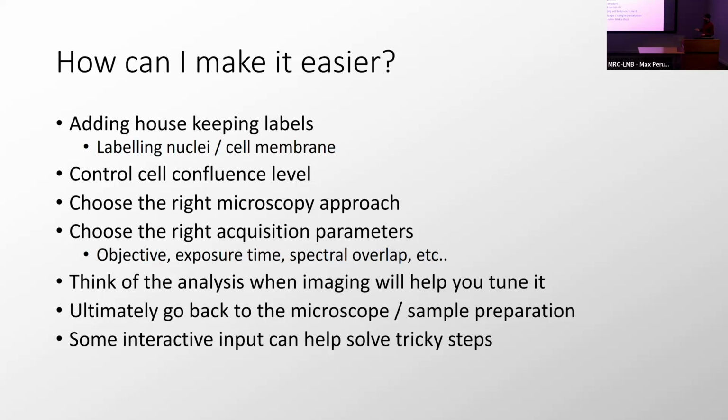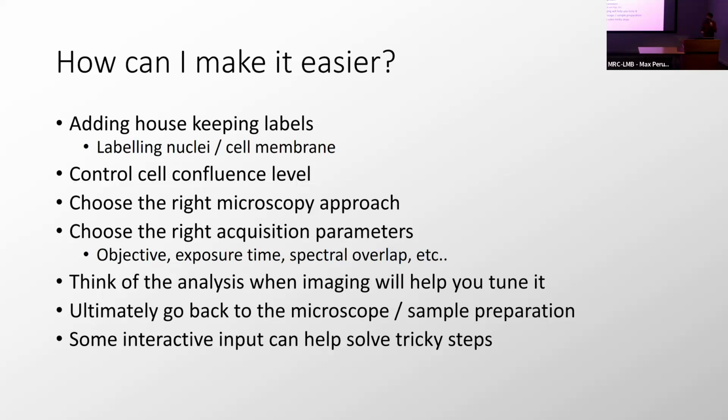Choose the right microscopy approach. So you have to go and talk to Nick, Sarah, and Tomasz. Optimize your acquisition parameters, your objective, your exposure time. Take care of the spectral overlap if you want to do colocalization. Think of the analysis when you are on the microscope.